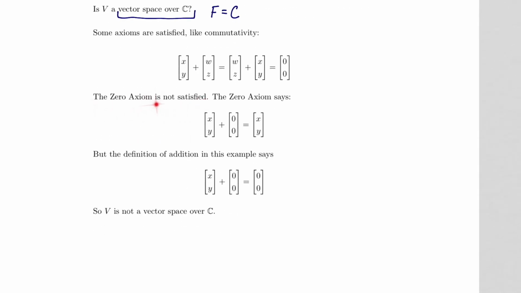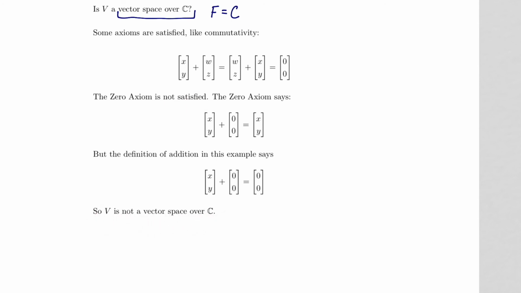The zero axiom says xy plus the 0 vector has to equal xy, the original vector. But because of our definition of vector addition, we know xy plus the 0 vector is 0, because the sum of any two vectors is 0. And as soon as we find a single axiom that is not satisfied, we can stop and we can say V is not a vector space over that field, C.